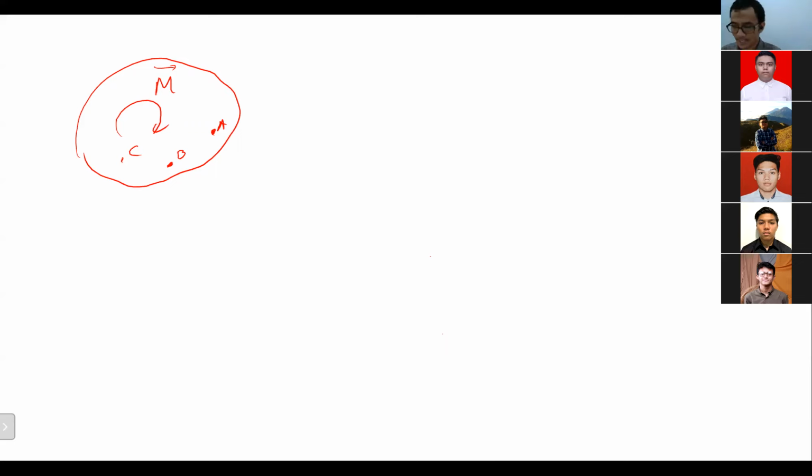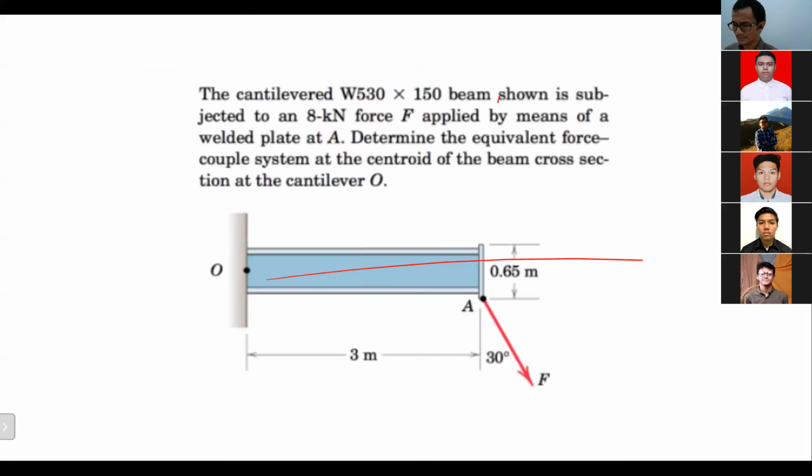Force is different. Why? Because when we are talking about force, we have a line of action. If you ask me, what is the actual effect of this particular force at this particular point?